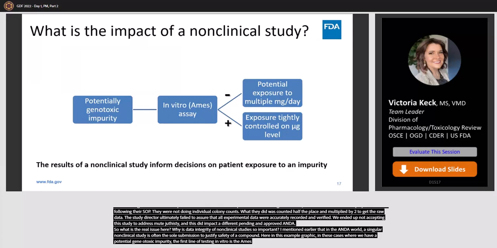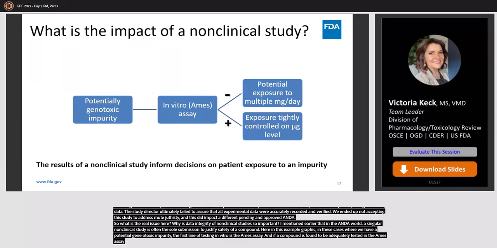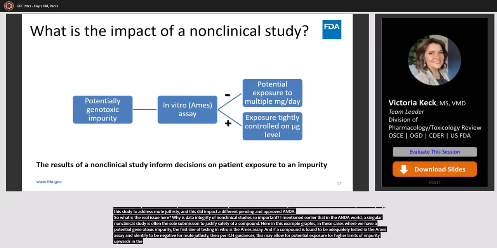And if a compound is found to be adequately tested in the Ames assay and identified to be negative for mutagenicity, then per ICH guidances, this may allow for potential exposure to higher limits of this impurity, upwards in the multiple milligrams per day realm.